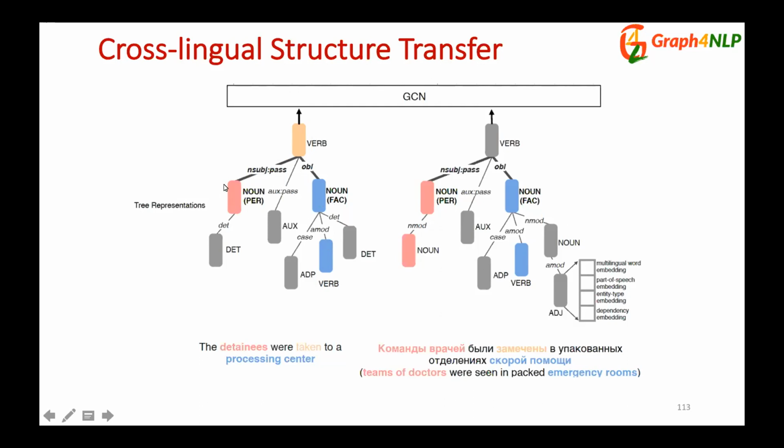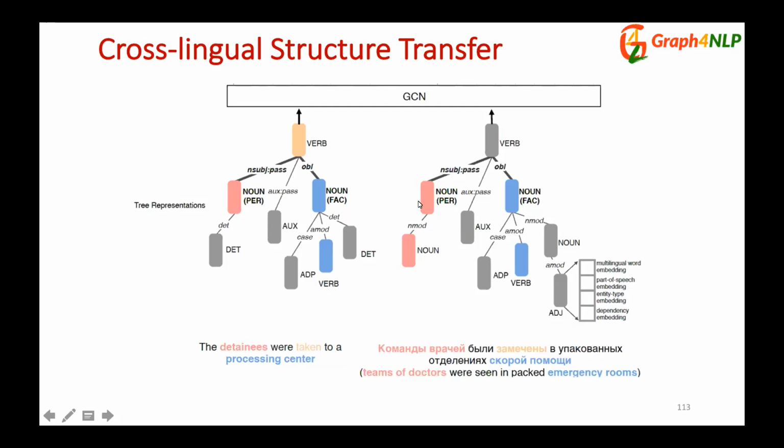So if we can train a model from English, since these structures are identical, we can simply apply this model to any other language, as long as you can encode the nodes in these two graphs using a common semantic embedding space.